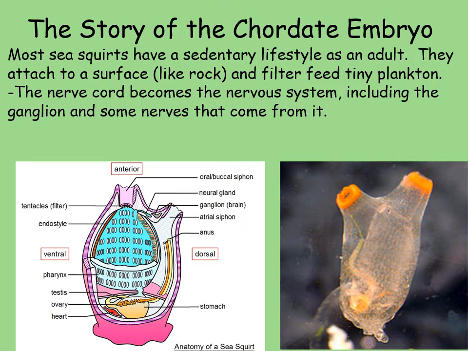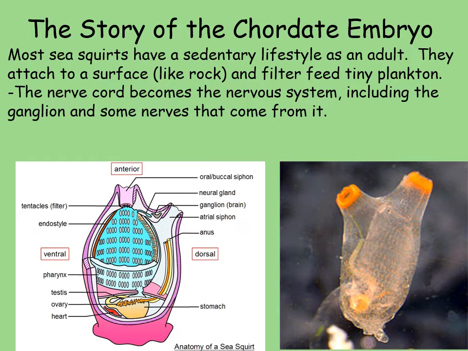Most sea squirts as adults are sedentary, they're sessile. So their basic lifestyle is to attach to a surface like a rock and filter feed on tiny plankton. So let's see what happens to these different chordate structures. The nerve cord becomes the nervous system. So they do have a nervous system.